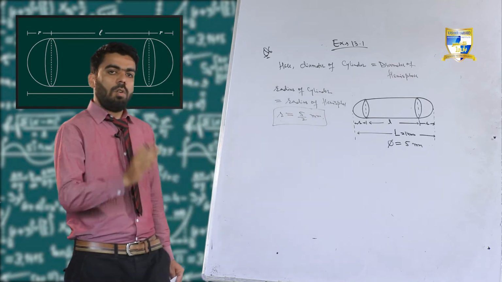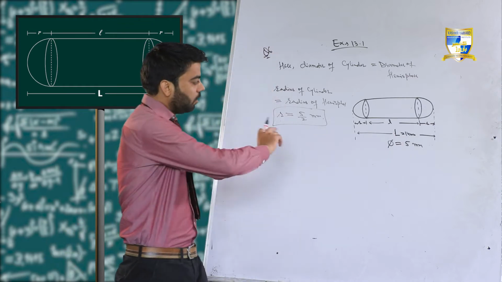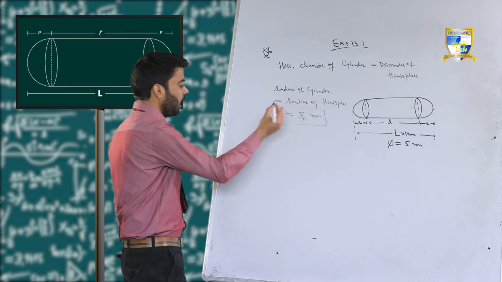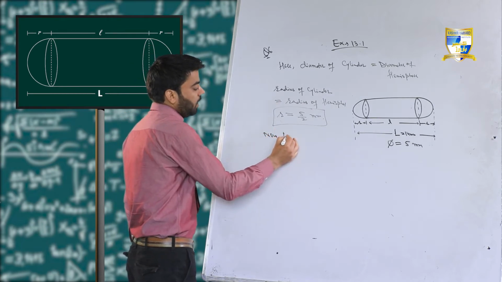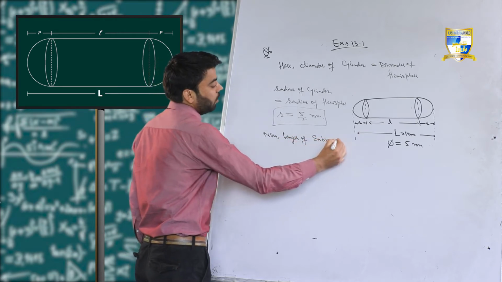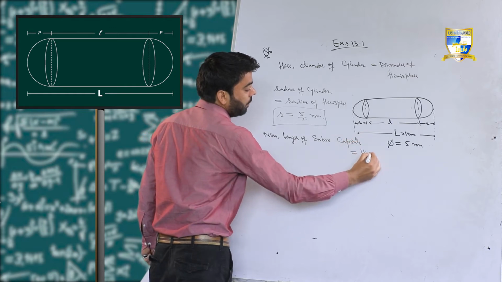Clear? Now move to the second part, that is the length. Since the total length of the capsule is given, it's equivalent to 14 mm. So we can write: length of the entire capsule is equal to 14 mm.